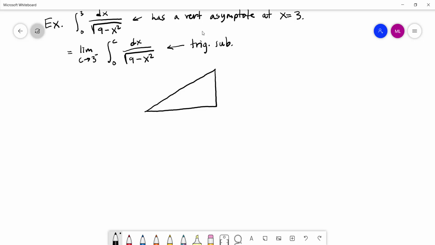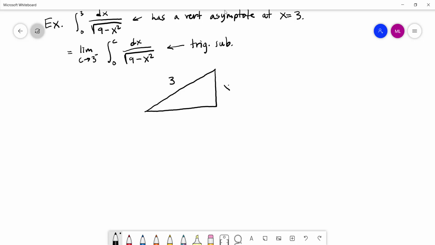And I need to figure out which sides are where. This side right here, the side corresponding to the 9, which I can think of as 3 squared, must be the longest side because it's having stuff subtracted from it for this other side that involves the square root. So that means the hypotenuse is the longest side at 3.